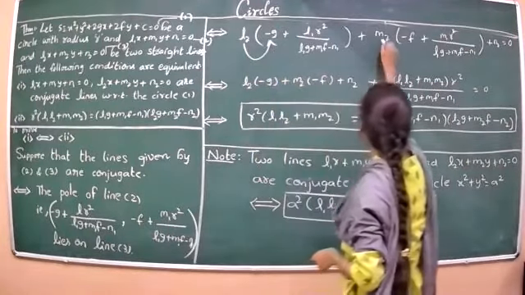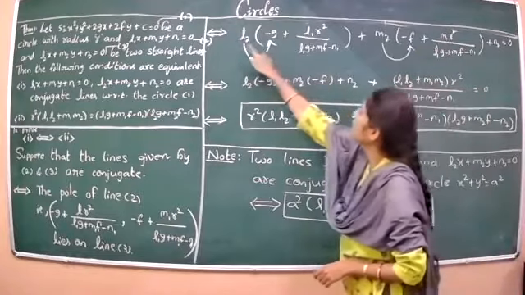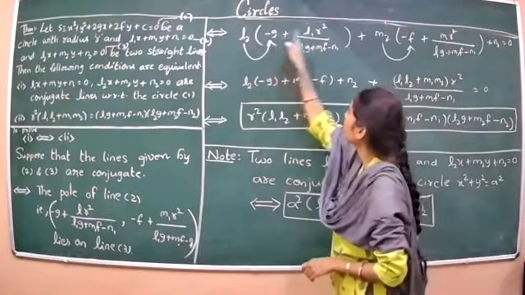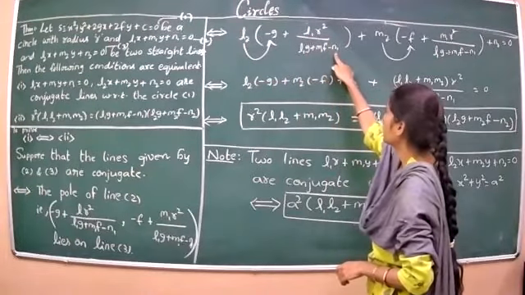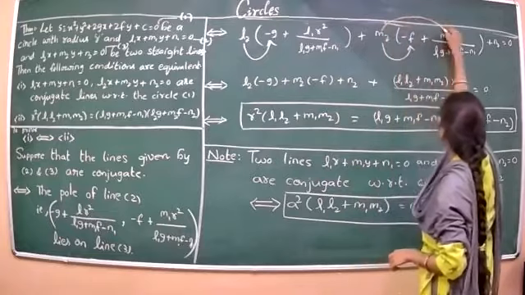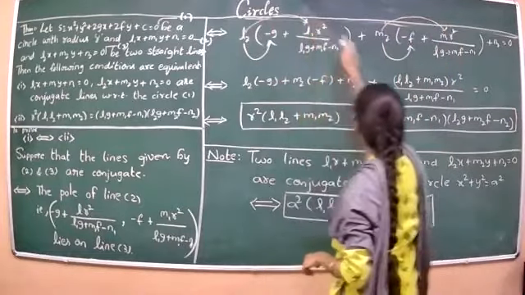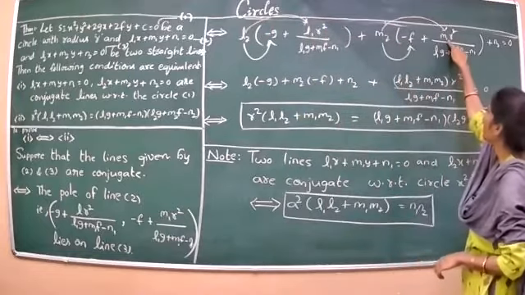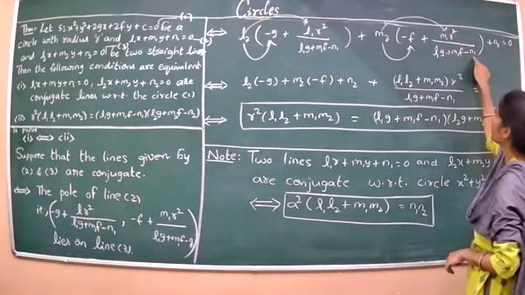L2 into −g, M2 into −f, plus N2 together. And L2 taken inside, L1L2r² by (L1g + M1f − N1). Similarly, M2 is multiplied with M1, which gives us M1M2r² by (L1g + M1f − N1).